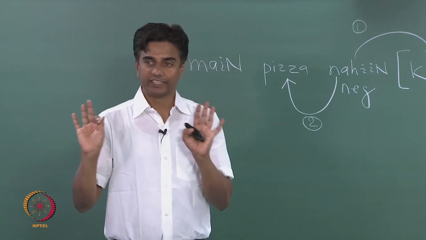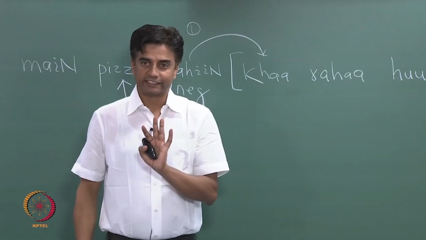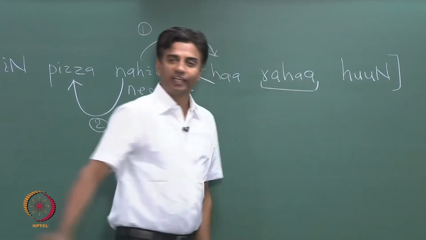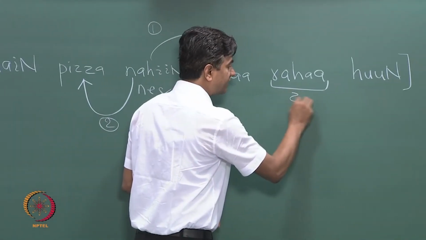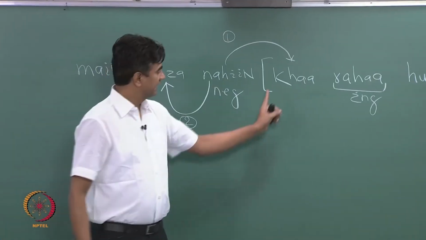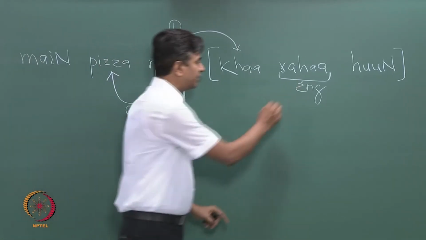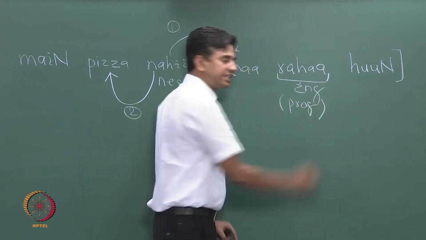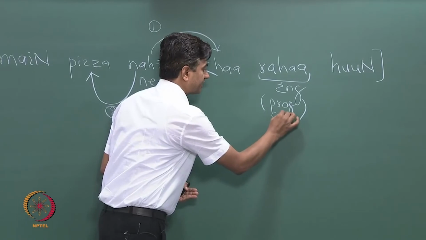Clear? Look at this. In a language like Hindi, this part of the verb is the only marker of aspect which roughly translates as ing, right? Eating, agree? Roughly translates as ing, which is also called progressive aspect marker or continuous aspect marker.